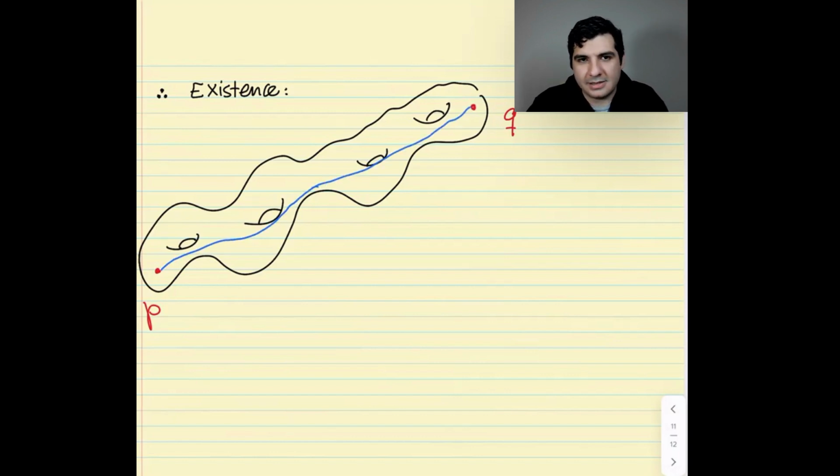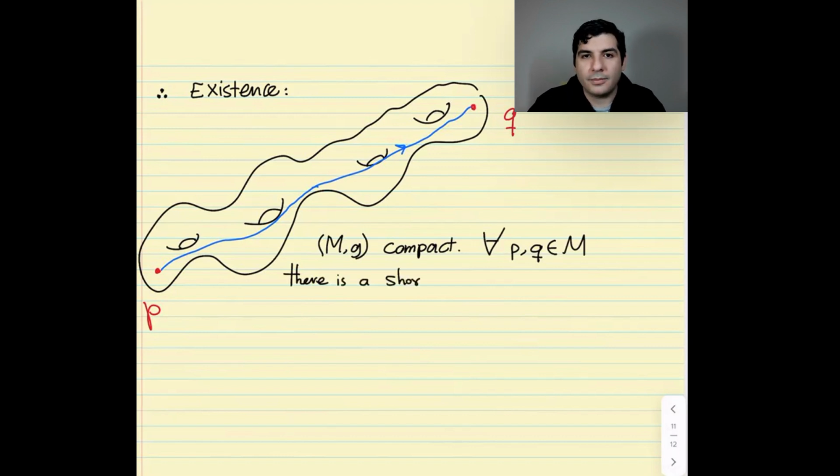And the answer is yes. There is always something like that if we have the completeness assumption. So the statement would be: if (M, g) is a complete or, more specially, a compact manifold, then for any two points P and Q in M, there is a shortest curve, a shortest geodesic connecting P to Q. That is our existence statement.